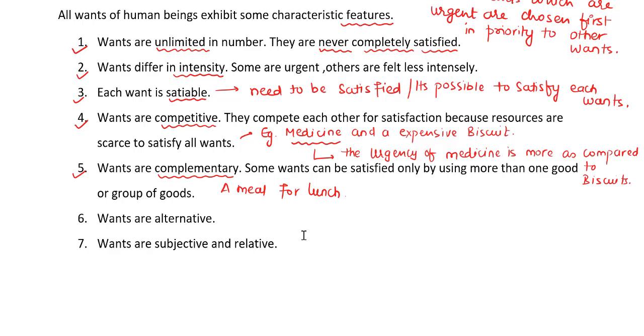In this case, you can't have only bread in isolation. Along with bread, you need vegetables, you need pulses, you need rice, maybe curd, etc. So wants are complementary. They complement each other. You can't have a particular group in isolation.